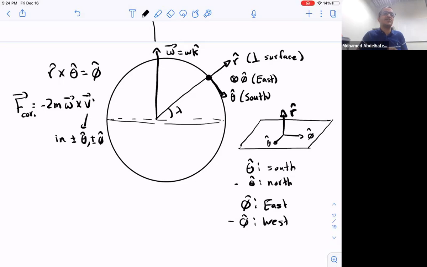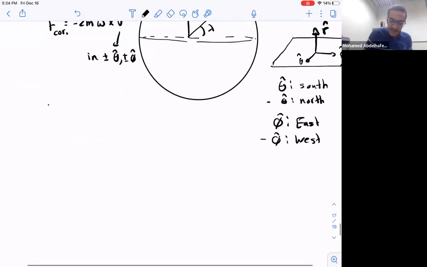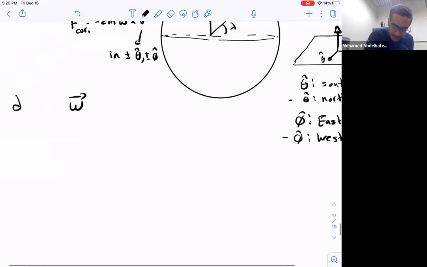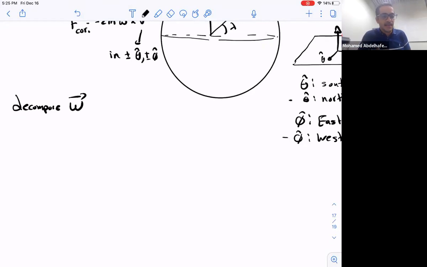So this mismatch requires us to do the following. You need to decompose omega into spherical coordinates, so now you can do the cross. You want to decompose omega, which is in k hat, into spherical coordinates. Once you write this omega in r hat, theta hat, phi hat, now you can perform the cross and you're done.